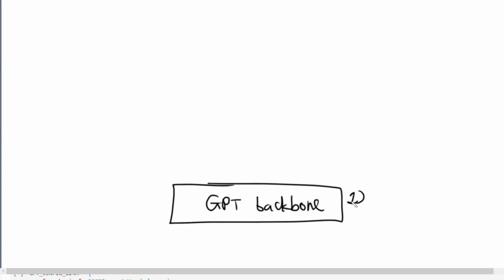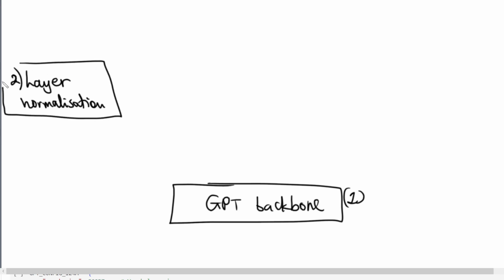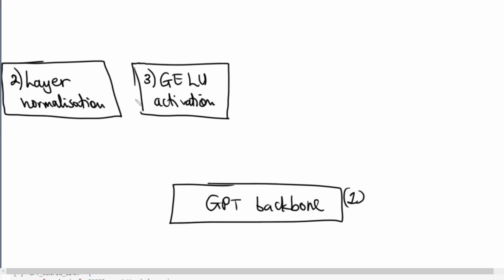Second, we're going to add something called layer normalization, and we're going to discuss how to do it. We are going to discuss GELU activation. If you have trained deep neural networks, you might know ReLU activation. Here we'll be discussing GELU activation and see what that looks like.